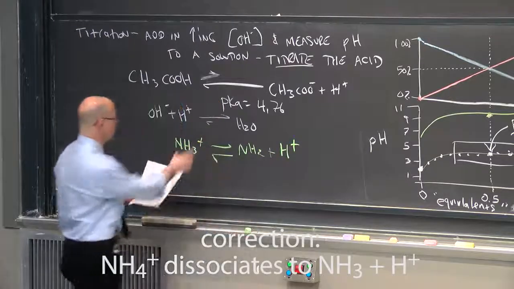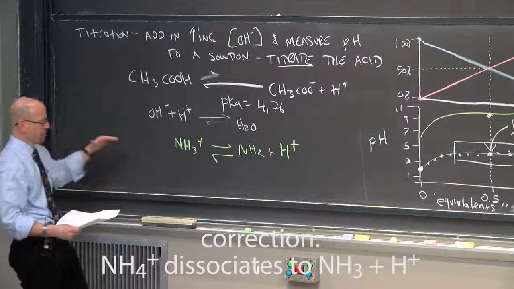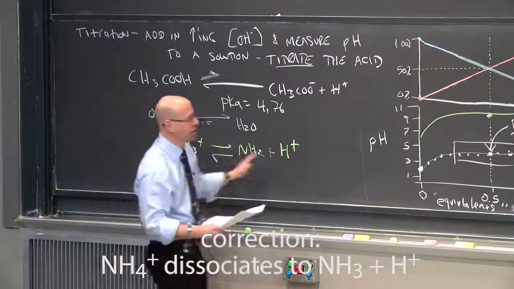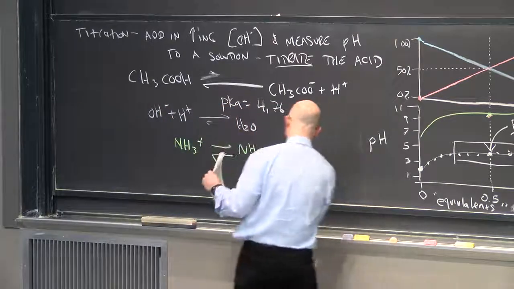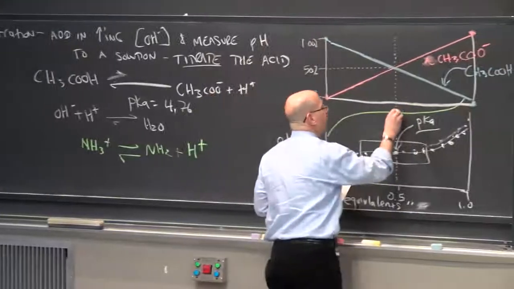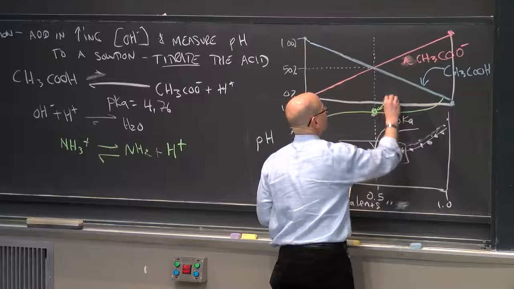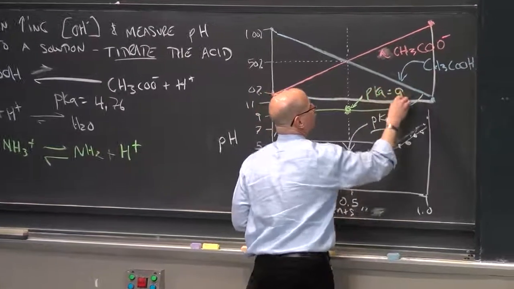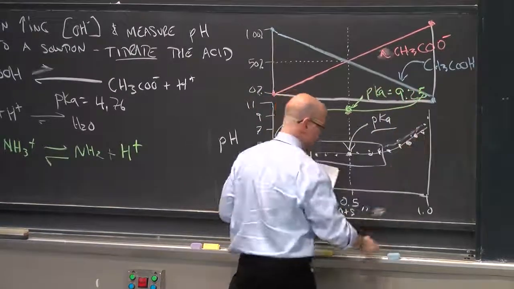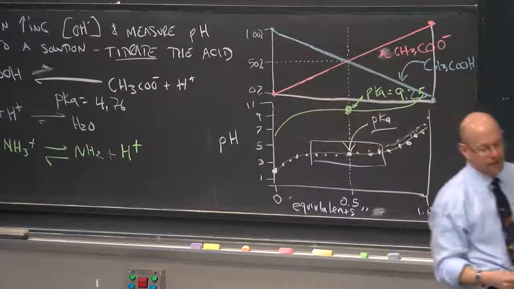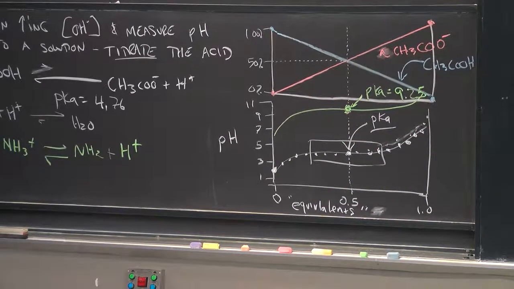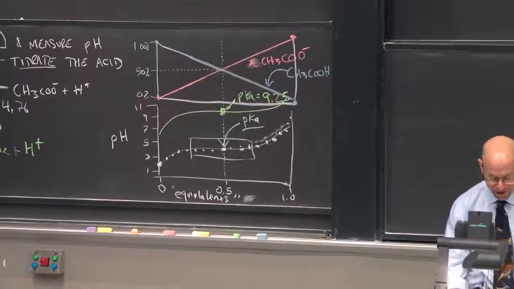And again, same deal. As I titrate in the base and suck up the proton, I dissociate the ammonium into ammonia. And the inflection point for ammonia turns out to be the pKa, which is 9.25. And I can do this for imidazole, I can do it for phosphate, I can do it for anything I want. Nothing tricky there.